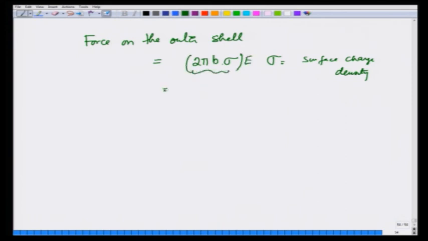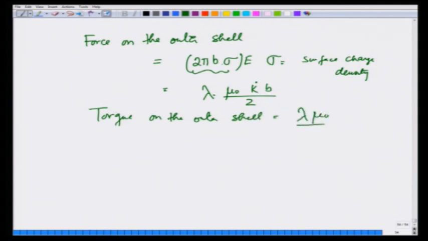So, this is lambda times E, which we have already seen is equal to mu 0 k dot b over 2, and therefore, torque on the outer shell is going to be lambda mu 0 over 2 k dot b square.